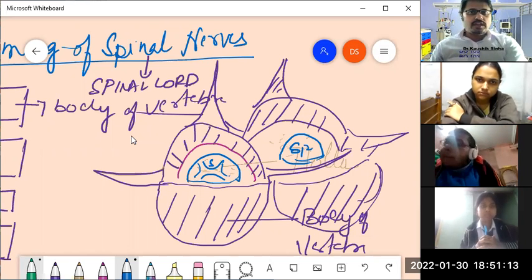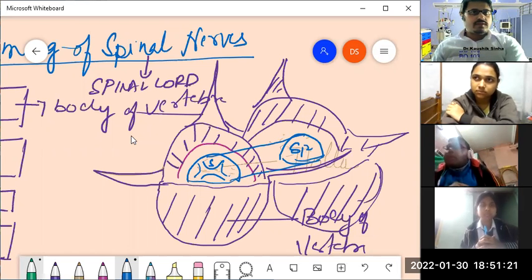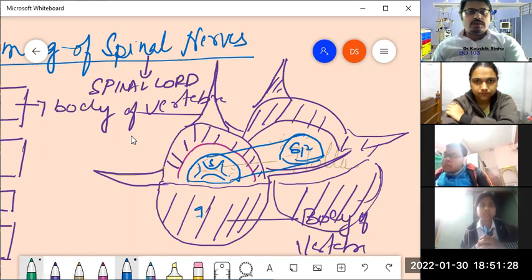Understood? Basically, the spinal cord is a continuous structure. I can place another vertebrae in front of this first vertebrae, or behind the second vertebrae.